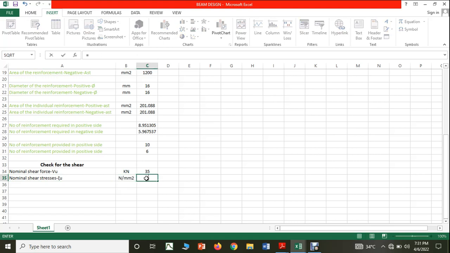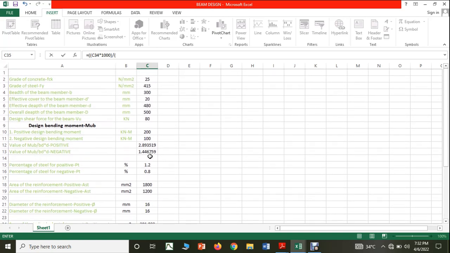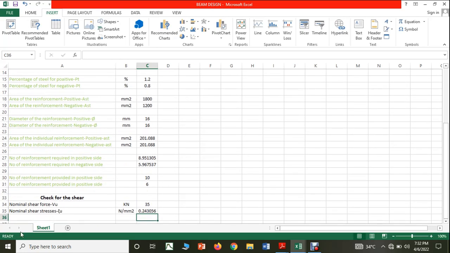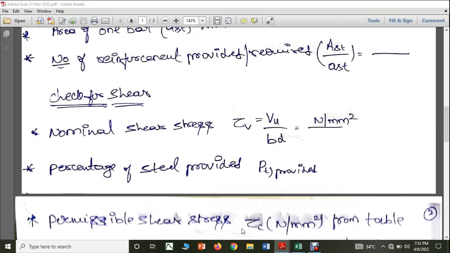For this, I have to convert Vu into Newton, divided by small b, the breadth of the beam, into the effective depth small d. That will give you the value of nominal shear stress tau u in Newton per mm square.